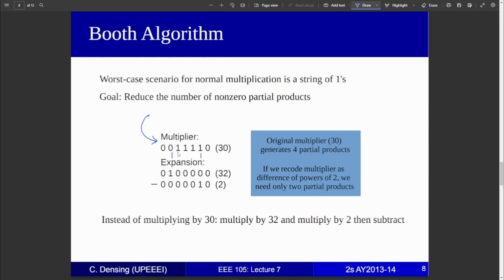So the next 0 after the string becomes 1, and the first 1 of the string of ones becomes negative 1. In Booth notation, the expansion of this will be 0, plus 1, and 3 zeros, and then a negative 1 and a 0, and this is what we use to multiply.